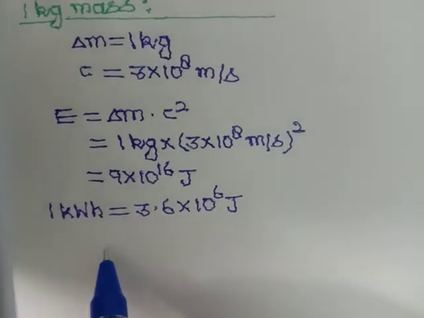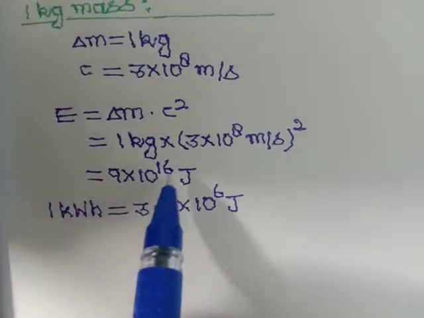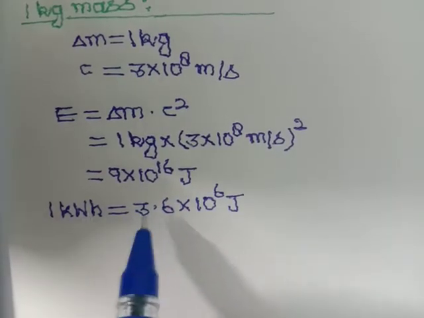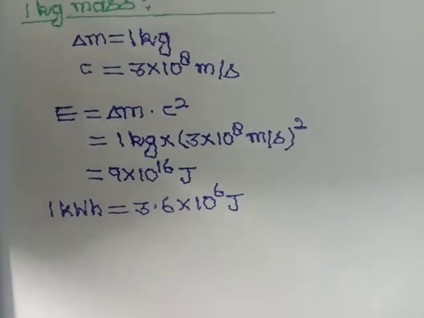So to convert this 9 into 10 to the power 16 joule into kilowatt hour, just divide it by 3.6 into 10 to the power 6.